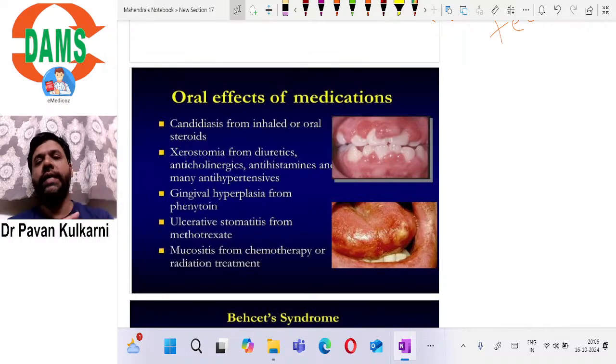Let me make a list: phenytoin, cyclosporin, nifedipine, erythromycin. These are the 4 important classes of drugs which cause gingival hyperplasia or hypertrophy.